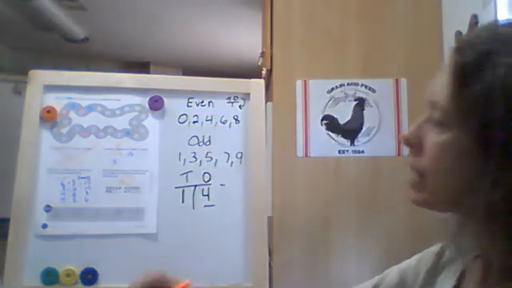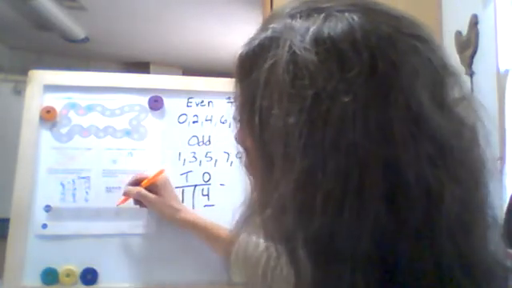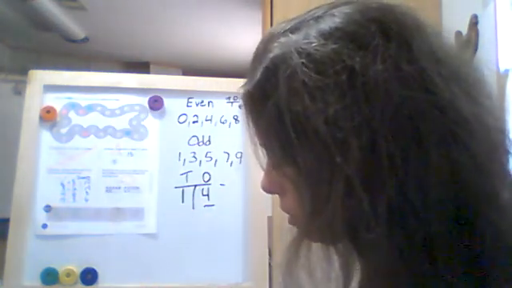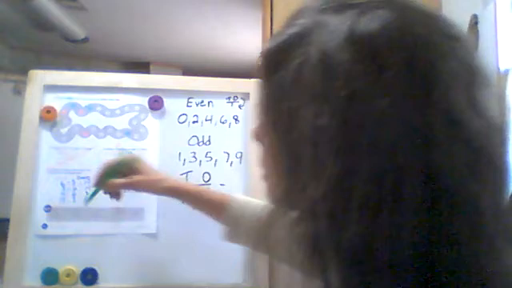Okay? Now the next one asks you to use your zero properties and your identity properties. You're going to solve the zeros. And then you're going to solve the ones.